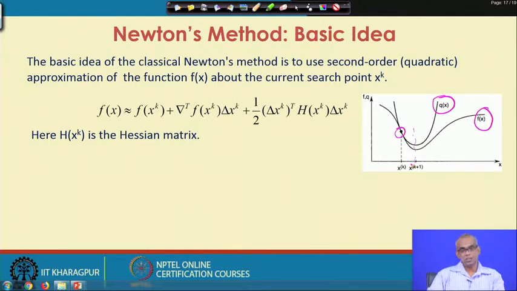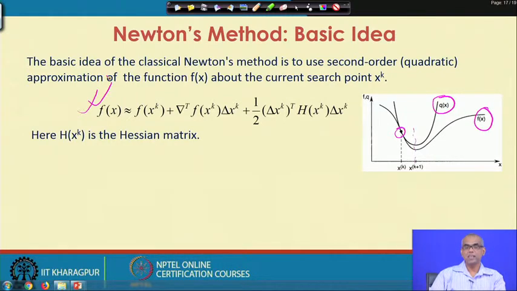So, the function f x can have a quadratic approximation as shown, f x equal to f of x k plus gradient of f at x k into del x k plus half del x k transpose H x k del x k. That means you expand f x in terms of Taylor series about the point x k.